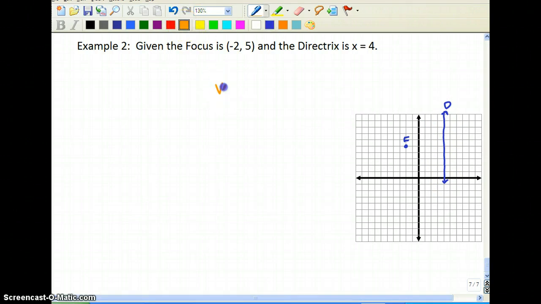We know the vertex is halfway between the focus and the directrix. So count that. 1, 2, 3. 1, 2, 3. That must be our vertex. So our vertex must be 1, 5.